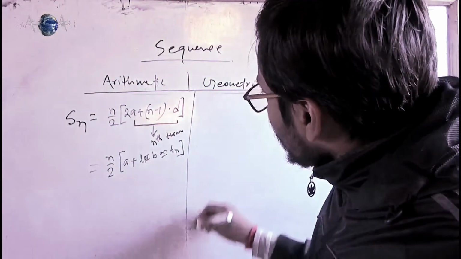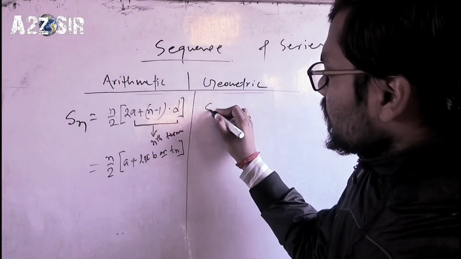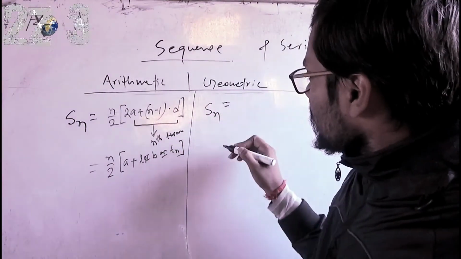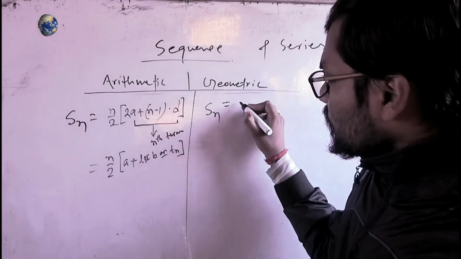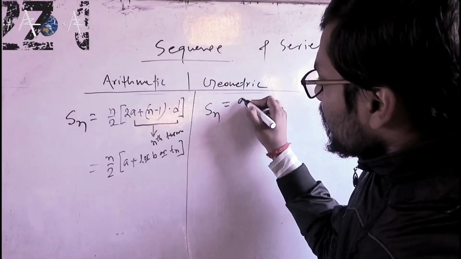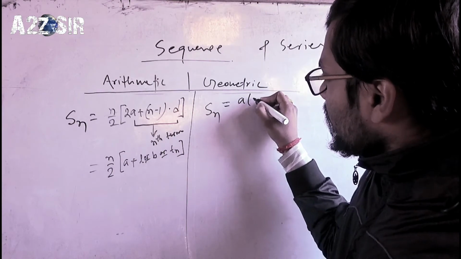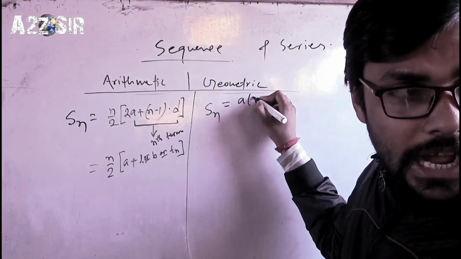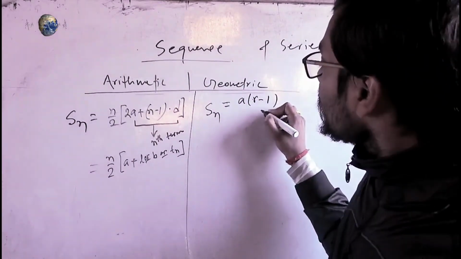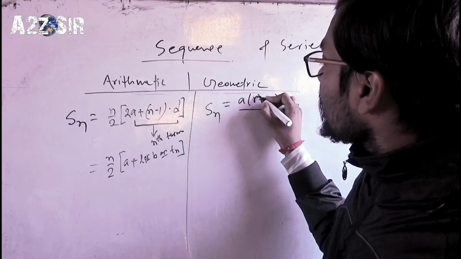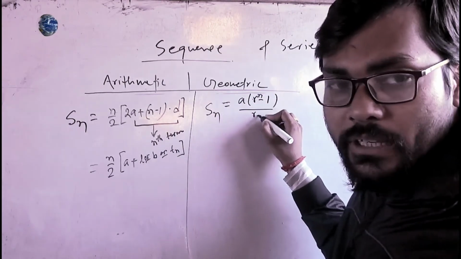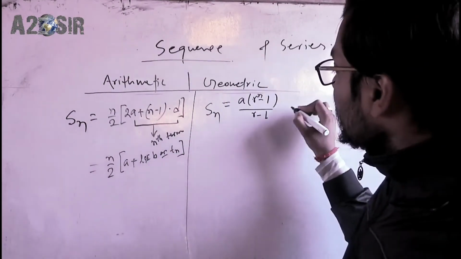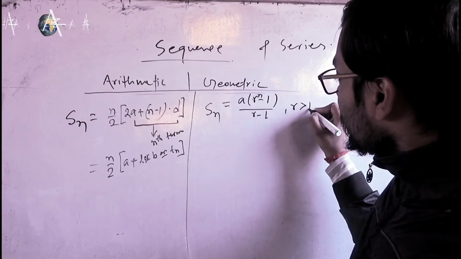Similarly, for the geometric series, the sum of the first n terms of the geometric sequence becomes a into r to the power n minus 1 by r minus 1, and this is possible when r is greater than 1.